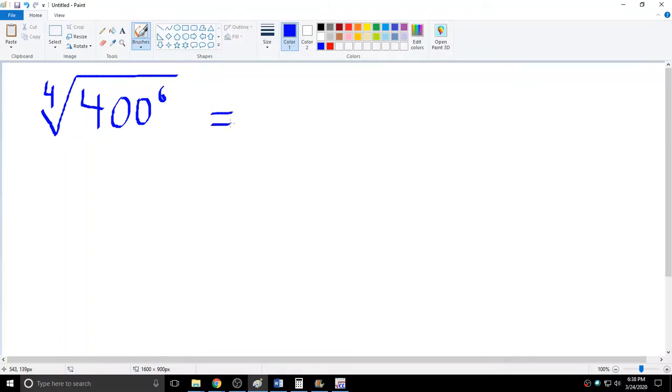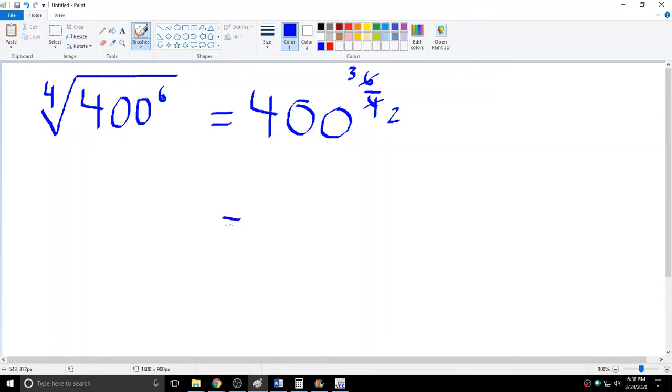Well, that is the same as 400 to the power 6 over 4. Notice that 6 over 4 can be reduced. So when you reduce 6 over 4, you get 3 halves. Observe that 400 is actually a perfect square.